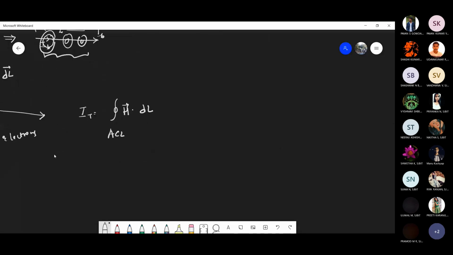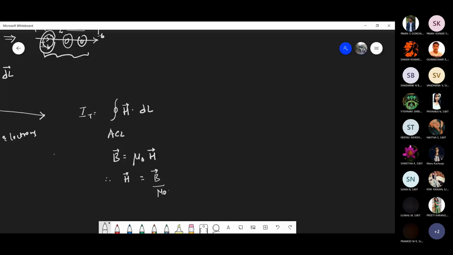But what is total current equal to? I can write B is equal to mu naught H in free space. Okay, I can write B is equal to mu naught H in free space. Therefore, H, that is magnetic field, is equal to B over mu naught.